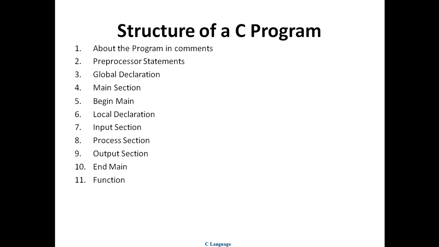Then function: begin of the function, process section, end section. So this is the structure we have for a C program. If you have a number of functions, the steps will be repeated for the functions. Simple. So to learn and execute, we will see how to start.